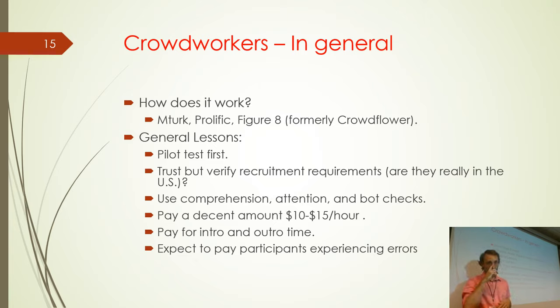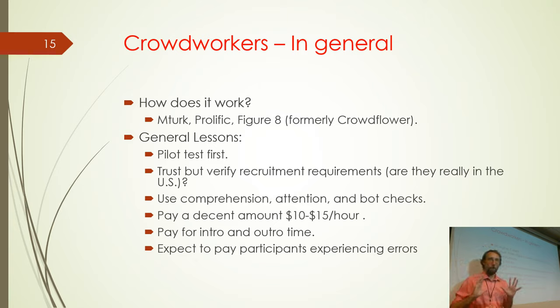And so just remember when you're trying to estimate how much you want to pay these people, to take into account all that training time up front, as well as any kind of outro time. If you have some post-experiment questions, or when you do something deceptive, you're supposed to tell people what the deception was. I can't remember the name of that right now, but you want to include that time in it as well.